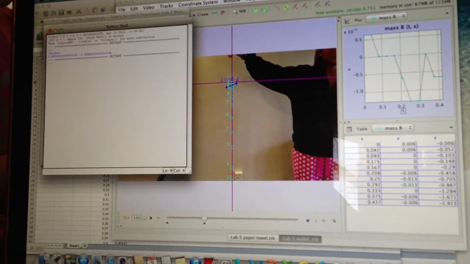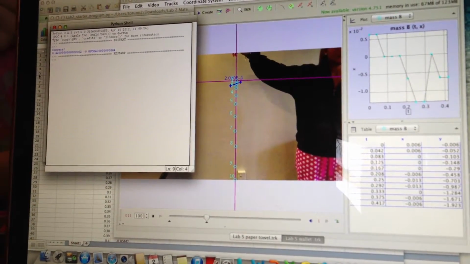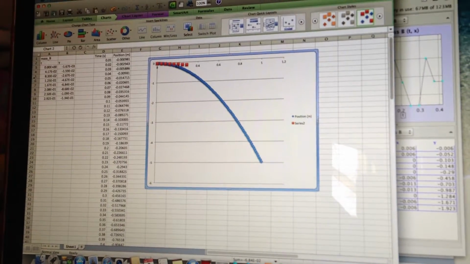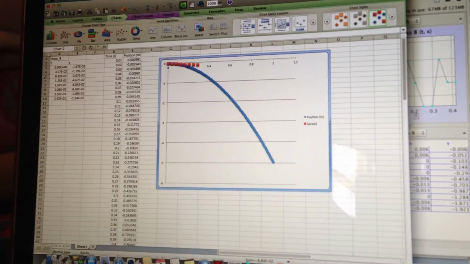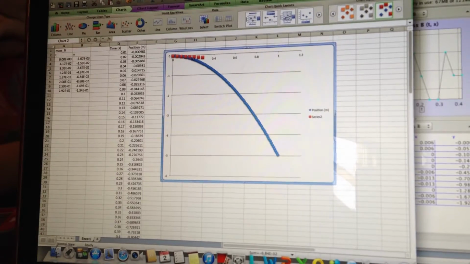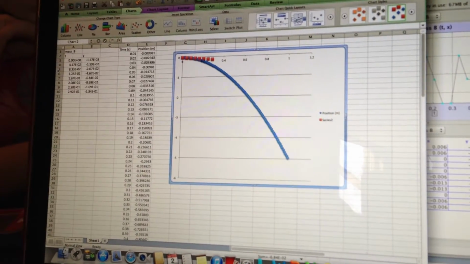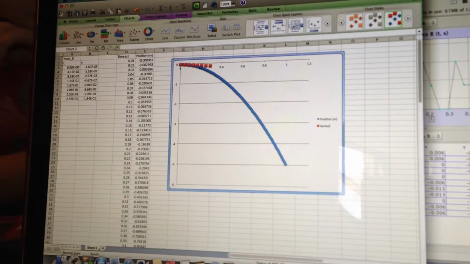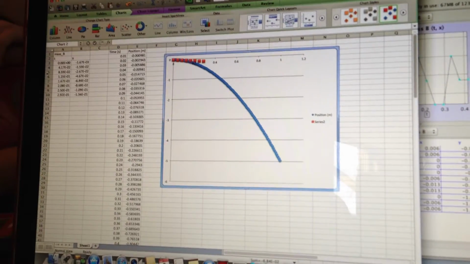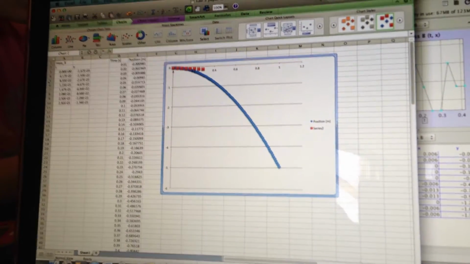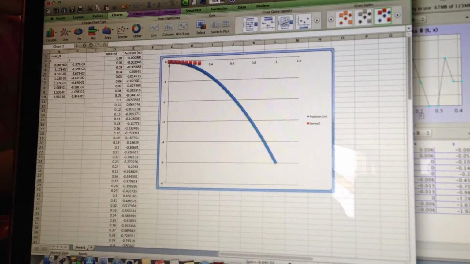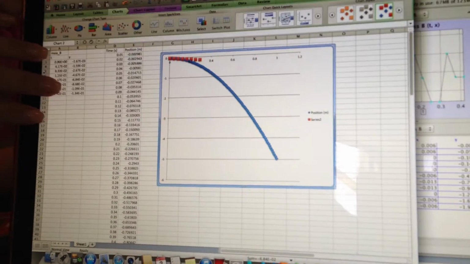So once I gathered the data from that, I used an Excel sheet to compare the differences between my observations to my computational model. This one right here shows the paper towel. The blue line is from the model that I used, and I changed my mass in that model to represent the mass of the paper towel.